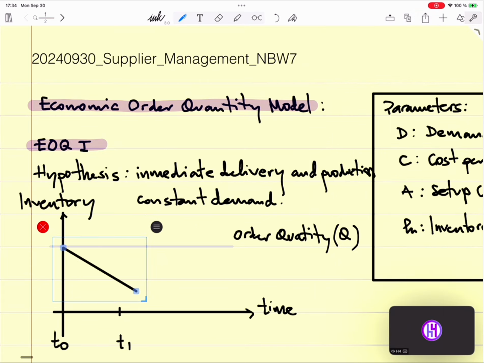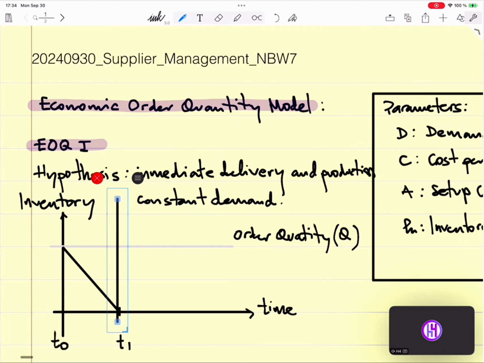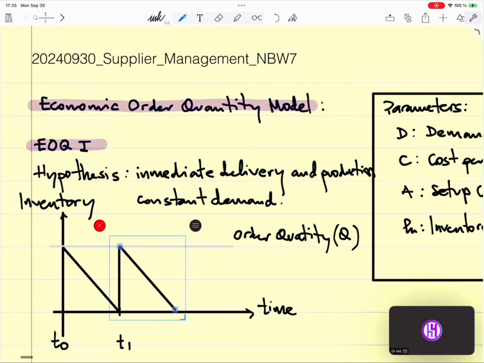In T0, we have full order quantity. And because we have constant demand, there is a line that goes down constantly and depletes the inventory to 0 in T1. And because we have, again, immediate delivery, in T1 we go immediately to Q, to our order quantity. We order a certain set of parts and so on, okay?